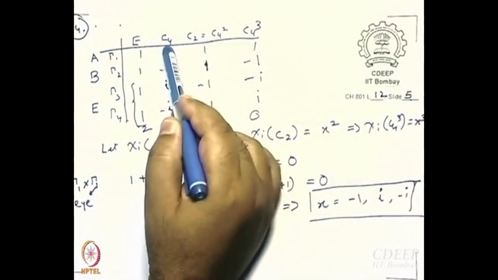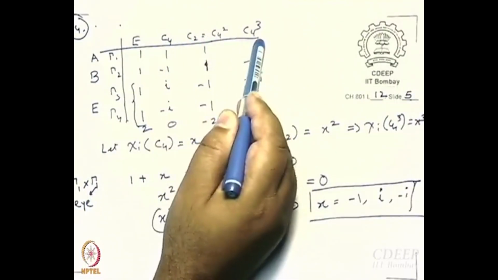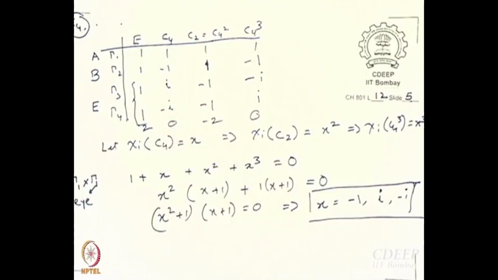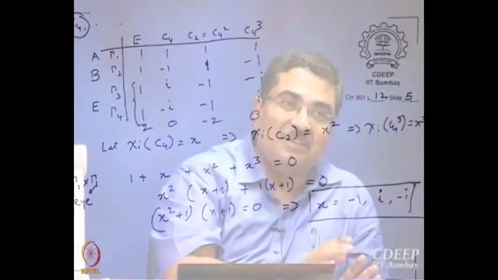I mean, of course, everything is correlated, but there is no direct correlation in the sense that I know that here the character of C2 has to be the square of this. I know that the character of C4 cube has to be the cube of C4, right? There is no such relationship among the characters of the non-cyclic G4, right? The symmetry operations are all different. Okay, so this is where you get the marriage of group theory and symmetry.